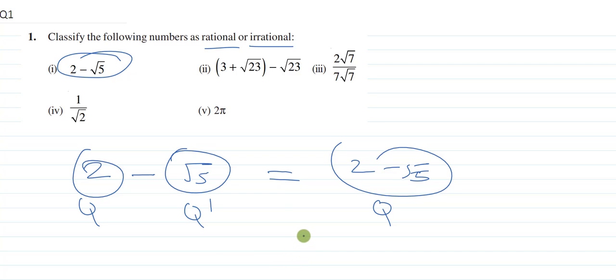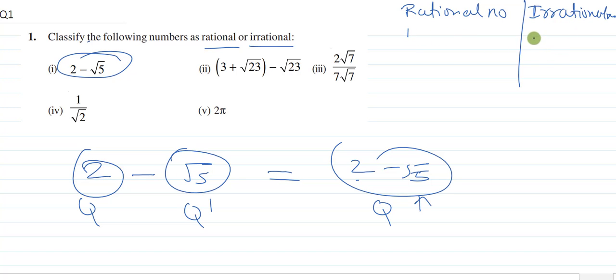Here they are not asking you to solve this, find root 5, subtract it from 2. No. They are just asking you to classify this. So we will write rational and irrational number in one column each, and this one will be an irrational number.